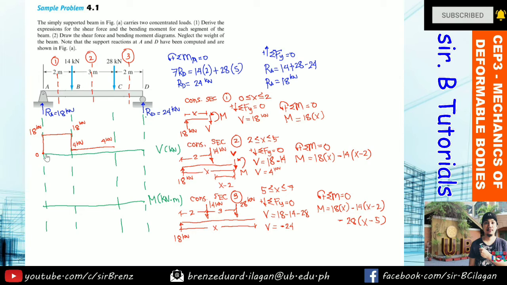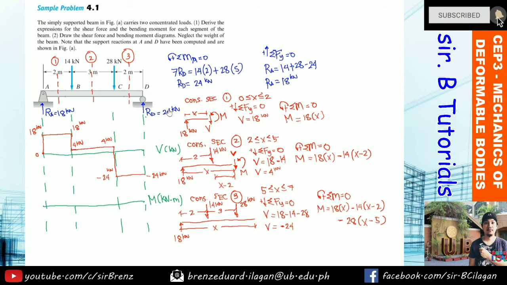So kapag negative, nasa baba lang ng plane na ito. So magiging negative 24. So negative 24 kilonewton. And then this negative 24 kilonewton is good hanggang sa distance na 7. So dire-diretso ka lang. Ayan. So this is negative 24 kilonewton.